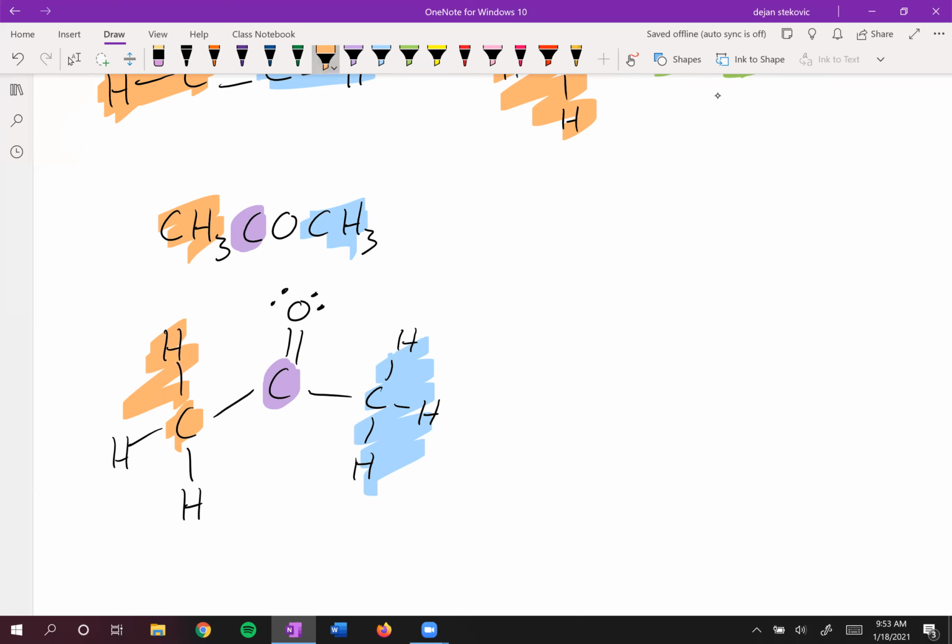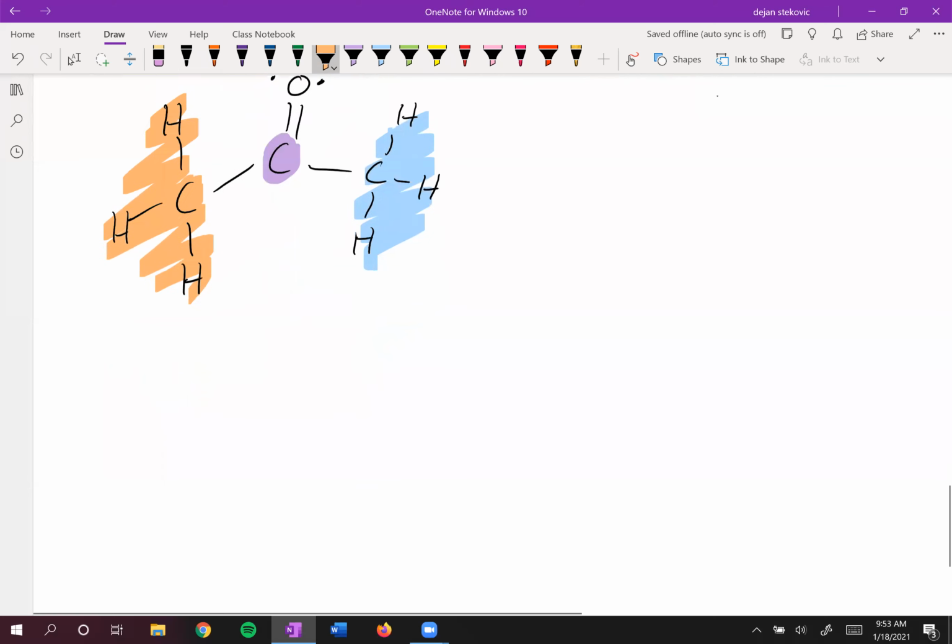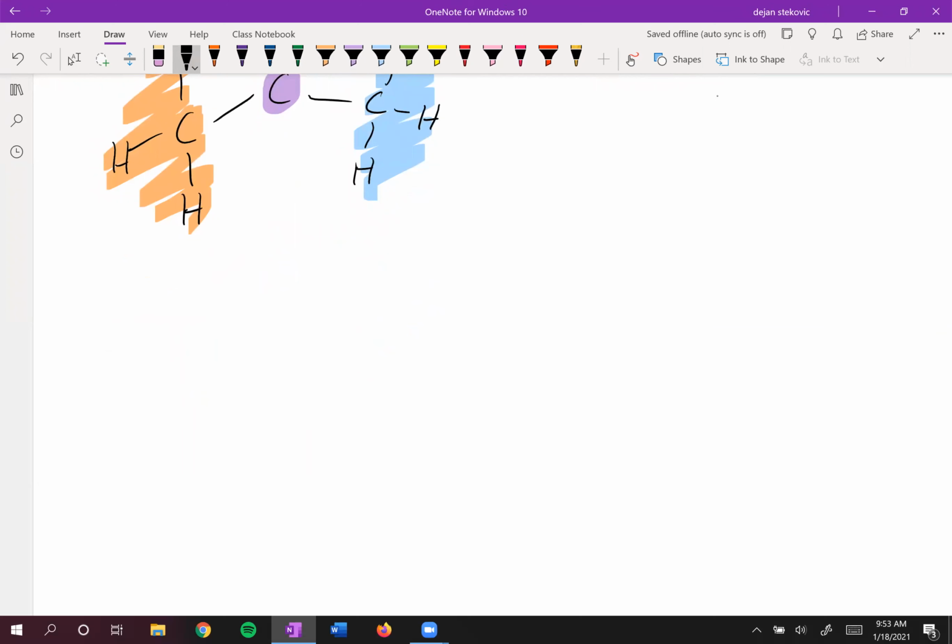So this does take some practice, but you want to do a couple practice ones, and then you'll see a lot of common motifs, and it shouldn't be too bad. Another thing that you'll commonly see is things in brackets or parentheses. So, for example, the (CH3)2CHOH.